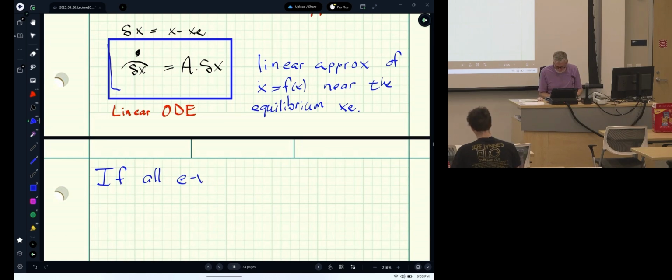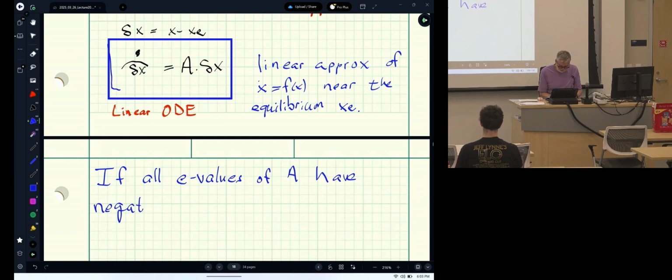I'm going to abbreviate eigenvalues. Now, get into real parts.